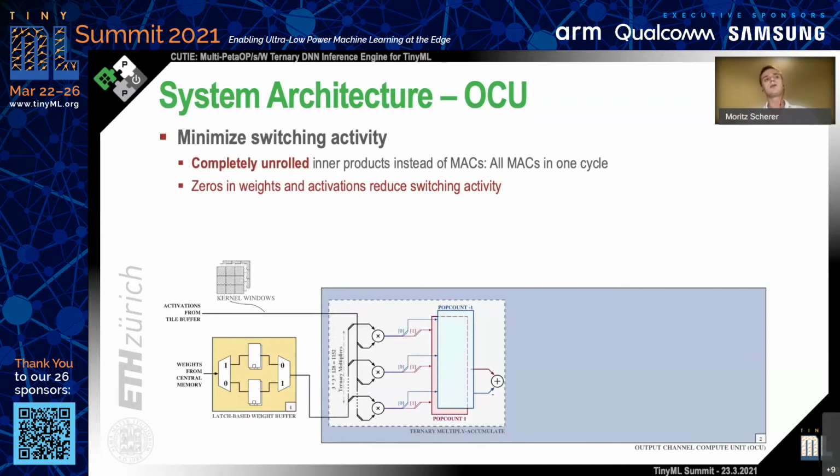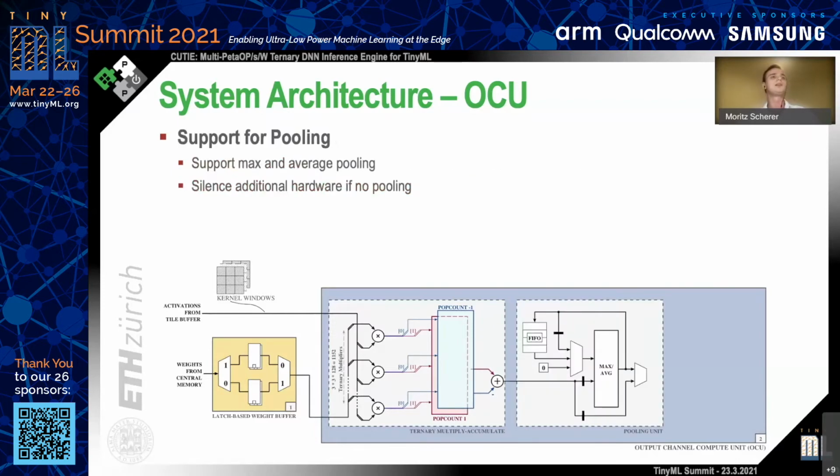In this way, we are able to fully leverage the zeros in the weights to reduce switching activity in the popcounts. We then add support for pooling. This is a parallel hardware block that we can also turn off if we don't need it.